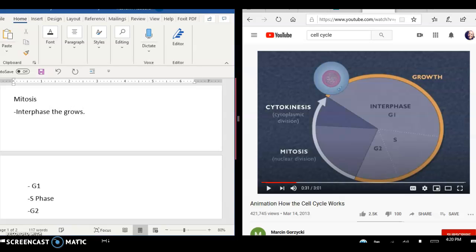So the cell grows, and then it starts different metabolic processes that will prepare the cell for the cell division.